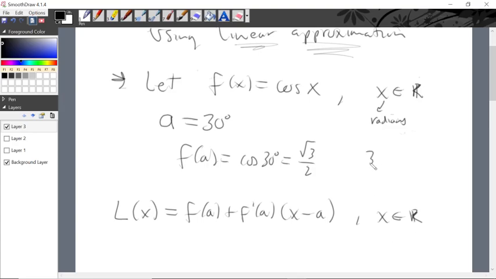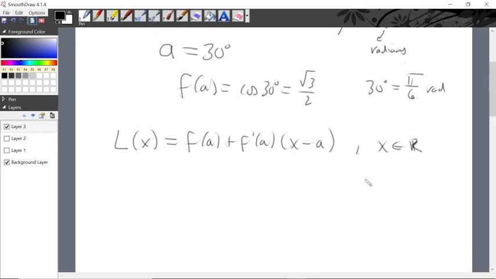Now 30 degrees, written in radians, would be what? It would be pi over 6 radians, right? Because every 1 degree is pi over 180 radians. And we're going to want to evaluate our linearization at 29 degrees.